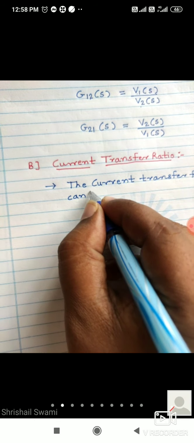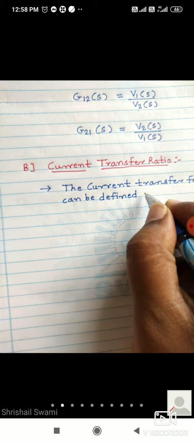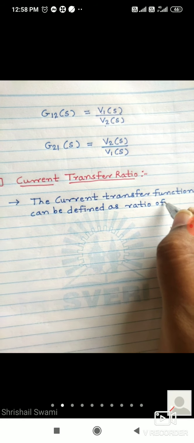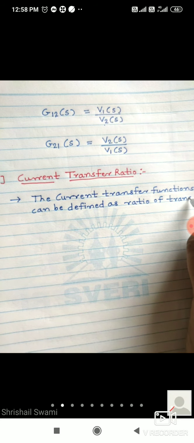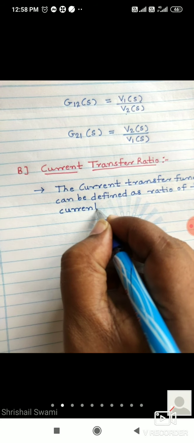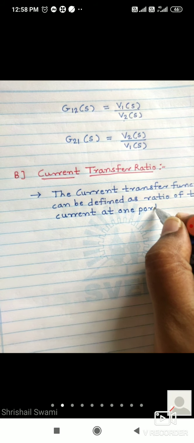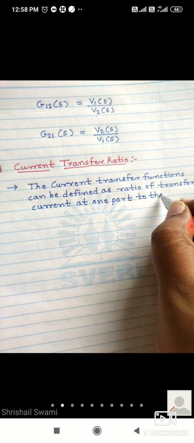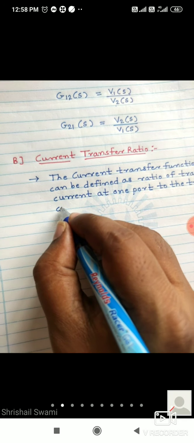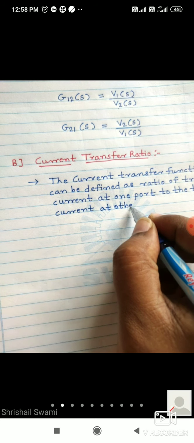can be defined as ratio of transform current at one port to the transform current at other port.